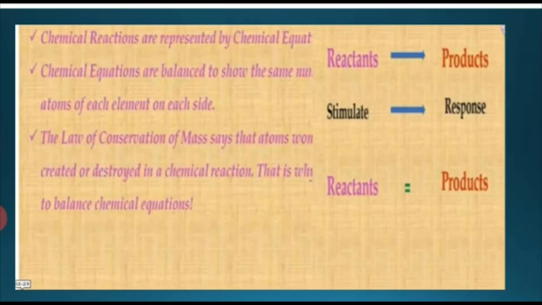That is why we balance chemical equations. So hereafter you are not supposed to say left hand side and right hand side. You should say the reactants are always equal to the products.